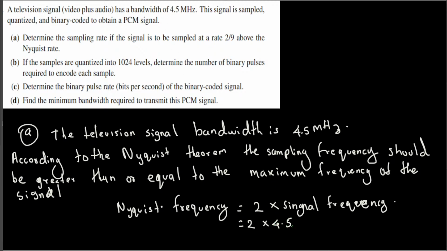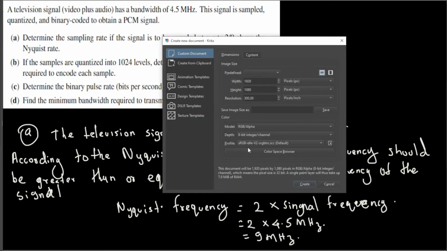We multiply that by 2, which gives us 9 megahertz. That is the Nyquist frequency. Now we have to find out the sampling rate. We are also told this is sampled at the rate of 2/9 above the Nyquist rate. Let's use that to find the sampling rate.